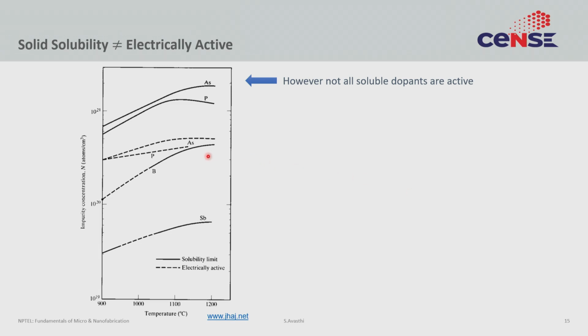For example, even though arsenic has around 10 to the power 21 or above solubility in silicon, the arsenic that is electrically active is an order of magnitude lower, or at least half of it lower, so it is only 5 times 10 to the power 20 or so. If you look at phosphorus, the difference is even larger. For antimony, on the other hand, the difference is minimal.